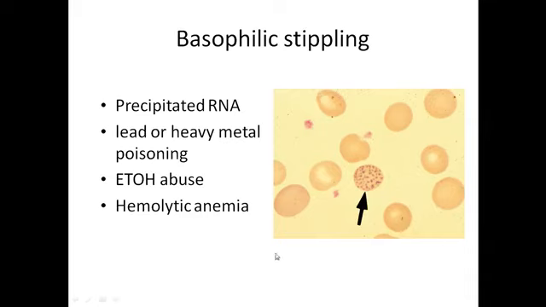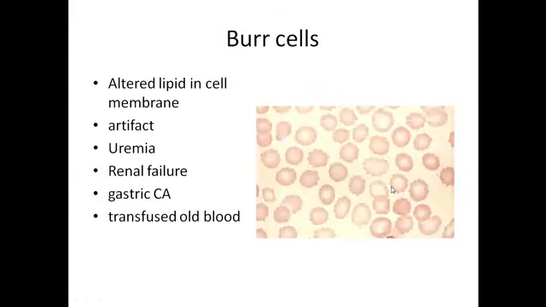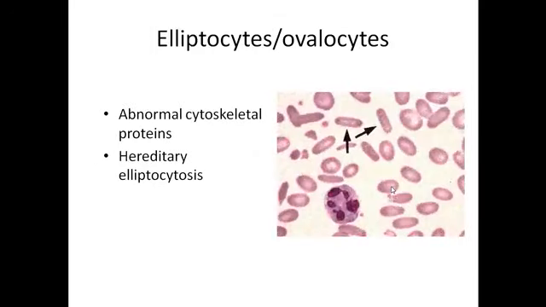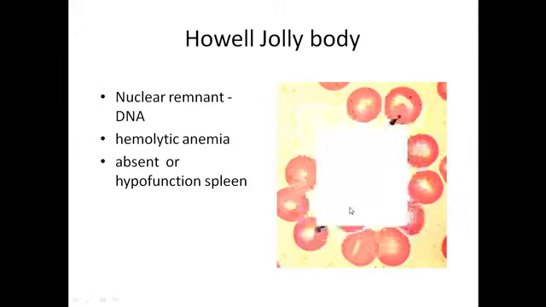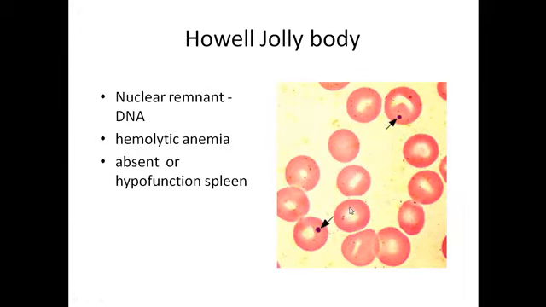In case of bar cell, ovalocytes, look. Howell-Jolly body. We can find it post-splenectomy, and even in celiac disease Howell-Jolly bodies may be found.